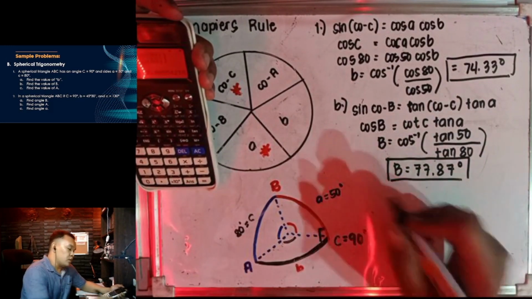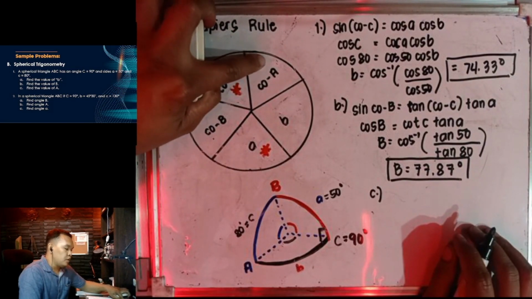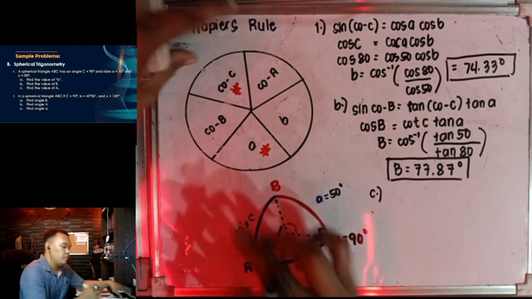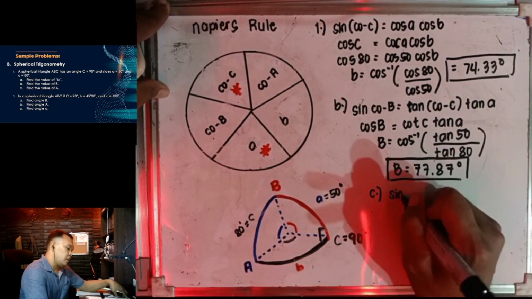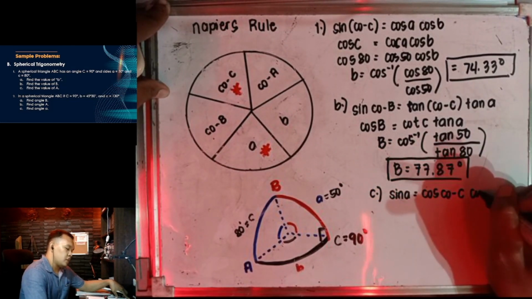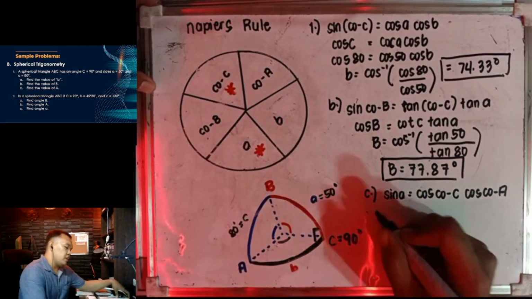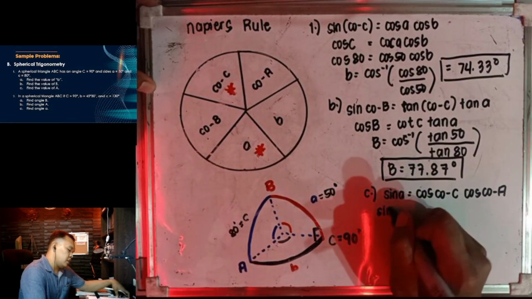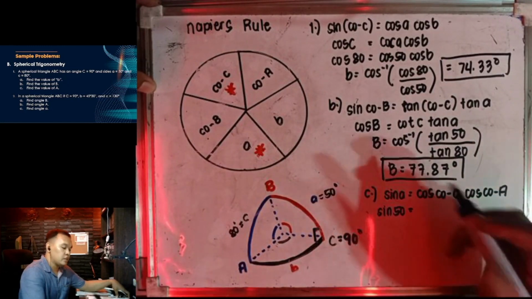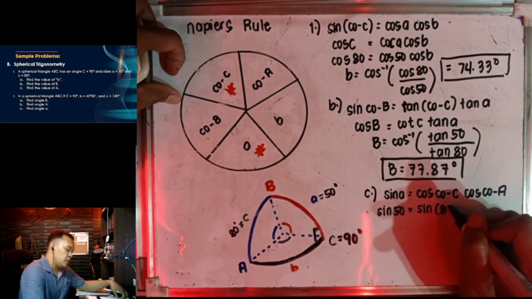Okay? So, for letter C, capital A naman. Ito yung pinapahanap, no? So, pwede kong sabihin, sine nito is cosine itong dalawang to. Okay? So, sine A is equivalent kay cosine co C and cosine co A or complement A. Then, sine A is equivalent kay sine 50 is equivalent kay cosine co C is equivalent kay sine C, sine C which is equivalent kay sine 80 degrees.